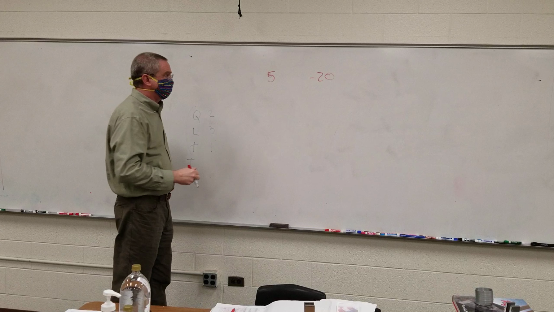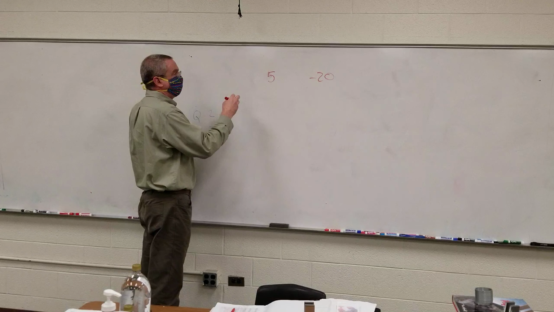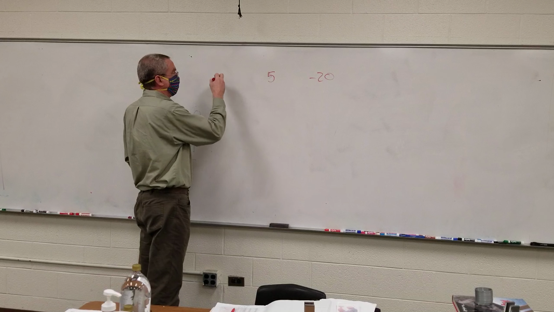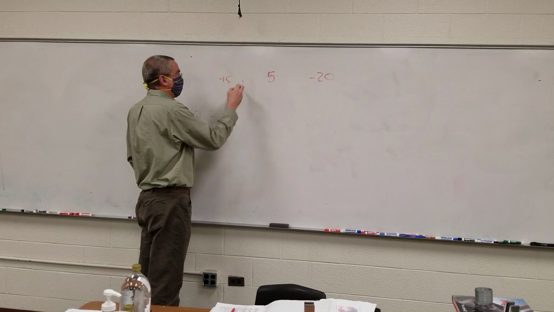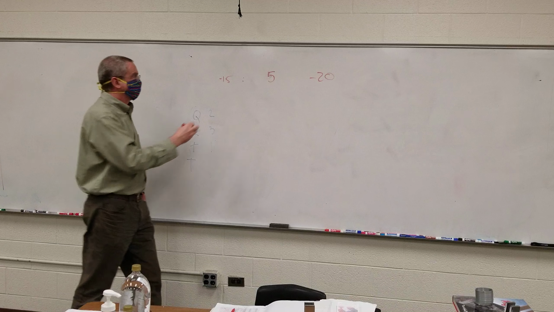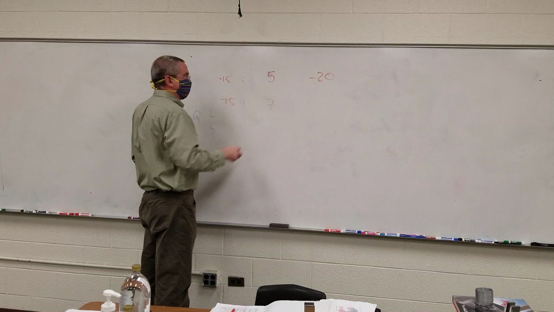What's my total momentum? Negative 15. Okay. So after the collision, what's going to be the total? Negative 15. All right. So if this has 7, what does that have?